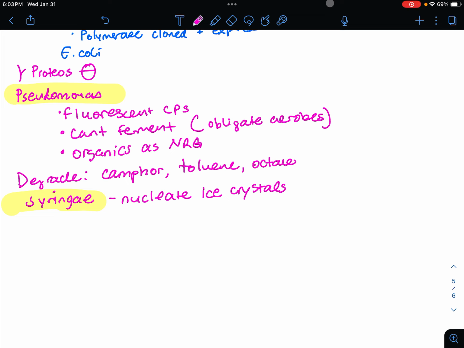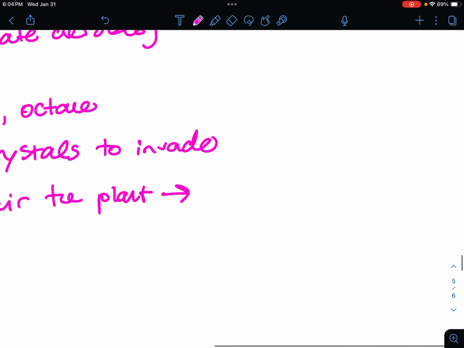And the bacteria will use this to invade the plant. And then you also have ice minus strains. And when you add the ice minus strain, this will actually repair the plant. This is an example of a bioengineered organism.